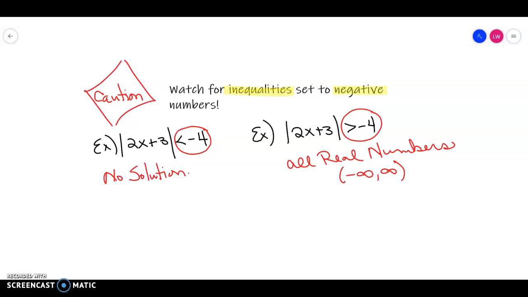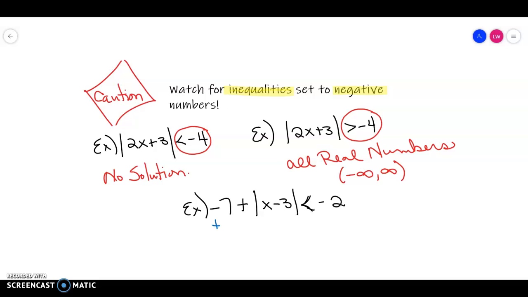But notice that both of these examples have the absolute value isolated before you make this decision. For example, if we had, I don't know, negative 7 plus the absolute value of x minus 3 less than a negative 2, even though we see that less than negative 2, we cannot say that there's no solution yet because we have not isolated the absolute value.